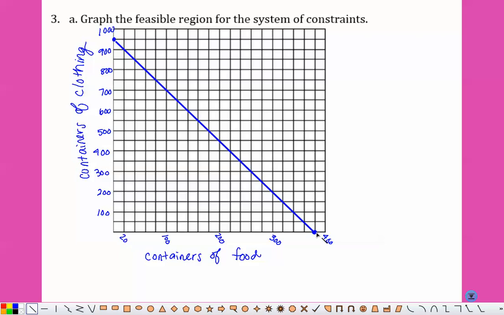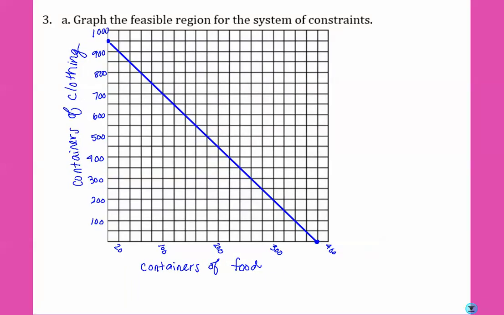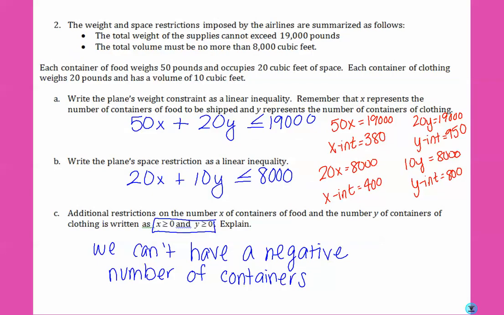So we need straight lines so we can get the exact intersection points. You go to where x is 380 and connect it to where y is 950. And then for our second line, we'll connect where x is 400 to where y is 800.